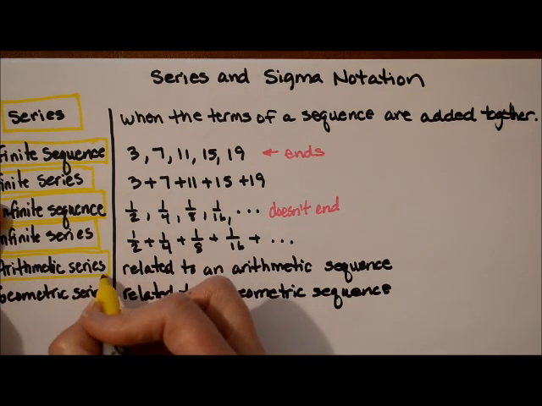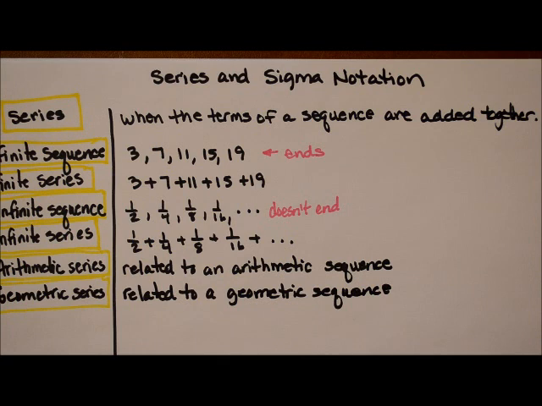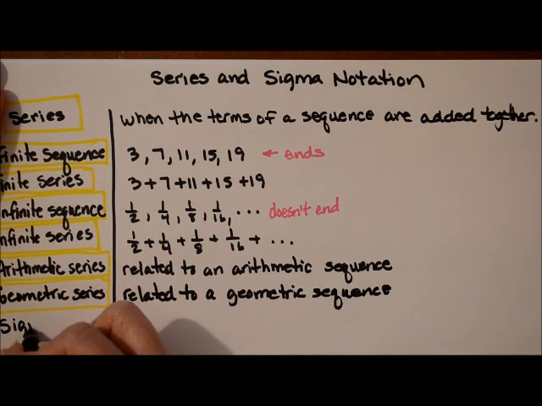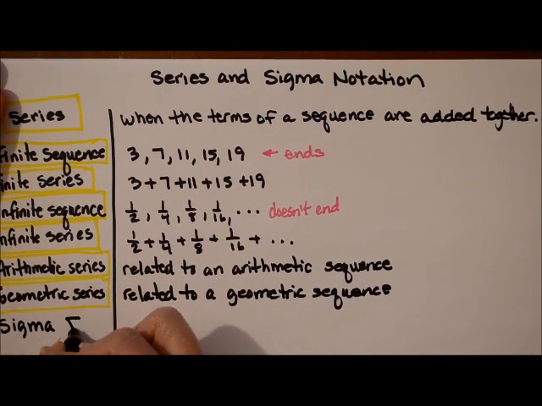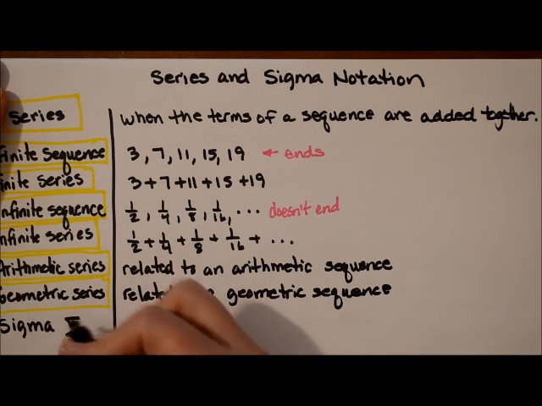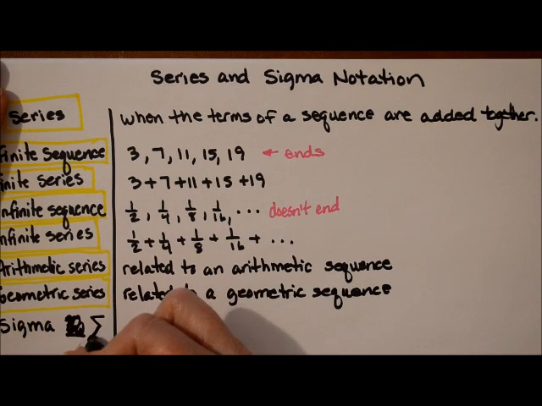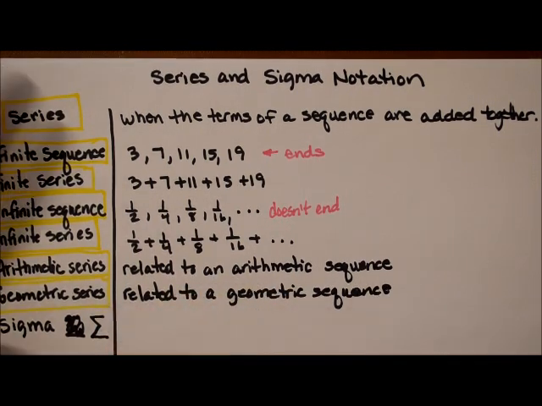Okay, so all of this and a special one called sigma. It's a Greek letter. It looks like this. Oh, I didn't draw that very good. Can I try again? That's better.